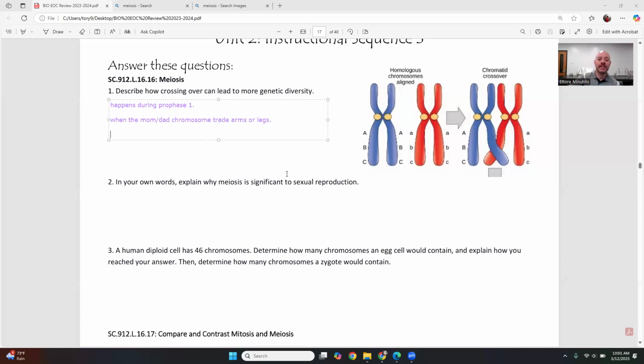Now, how does this lead to more genetic diversity? Instead of getting a chromosome similar to a full mom/dad chromosome, we would receive a shuffled combo chromosome of mom and dad mixed.